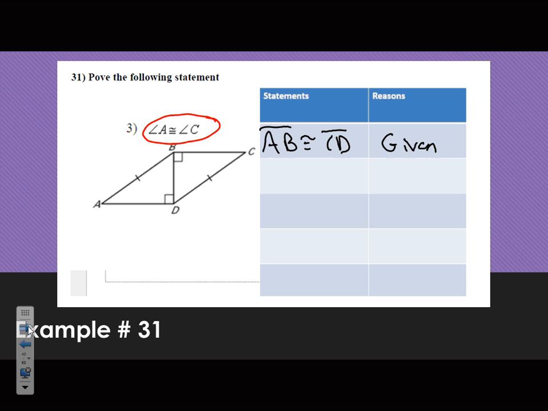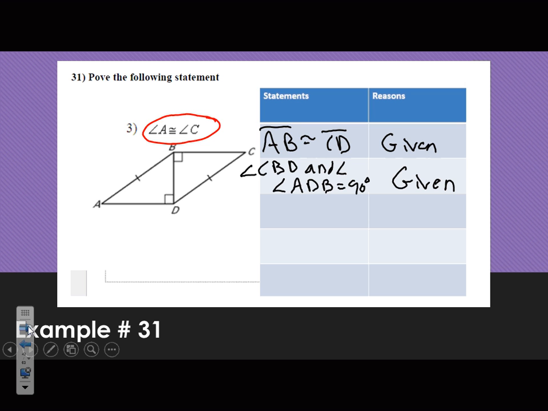We also know that angle CBD and angle ADB equal 90 degrees. And that's also given. So we know both those angles equal 90 degrees, which means they're congruent to each other.